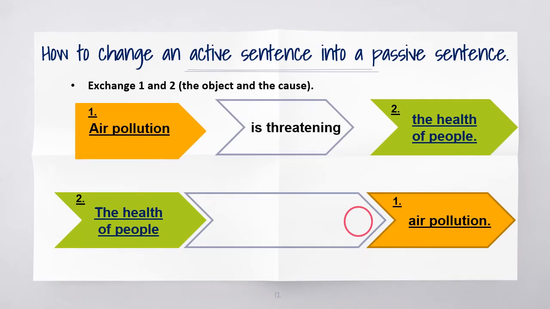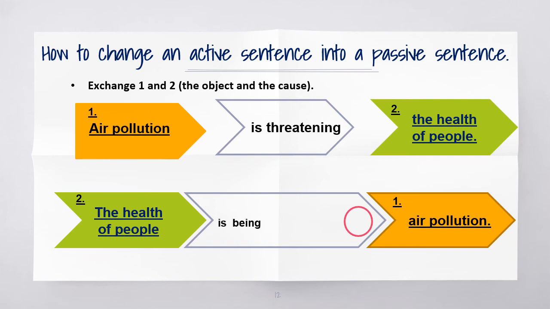To change an active sentence into a passive sentence, the first thing we have to do is exchange the object and the cause, which are represented by the numbers 1 and 2 in this sentence. Then, we have to identify the original tense, in this case the present continuous, and write the verb be in that tense.